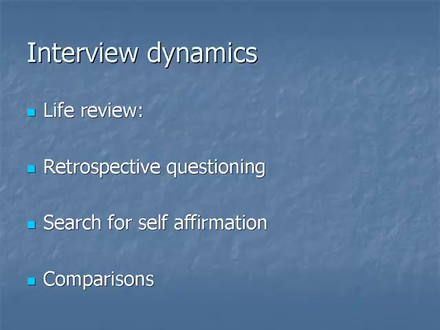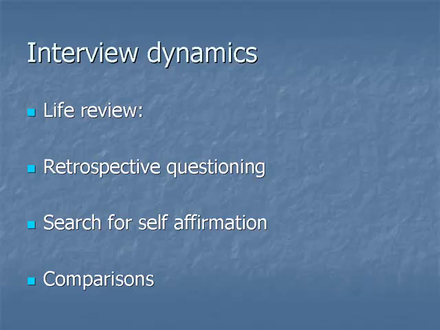Okay, so let's have a look at interview dynamics. Gerontologists, such as Peter Coleman, whose work's on your reading list, suggest that the process of life review occurs in reminiscence in old age. And this typically involves several features: looking back questioningly over a life to gauge its value, so retrospective questioning.